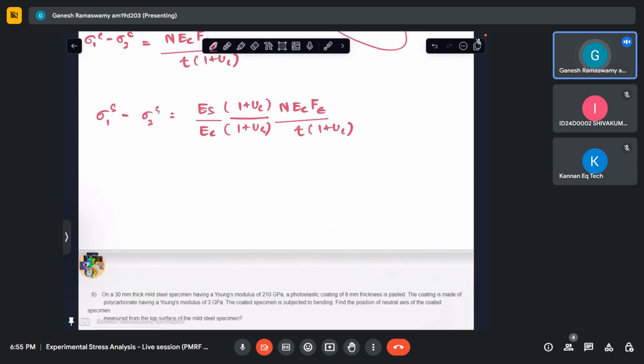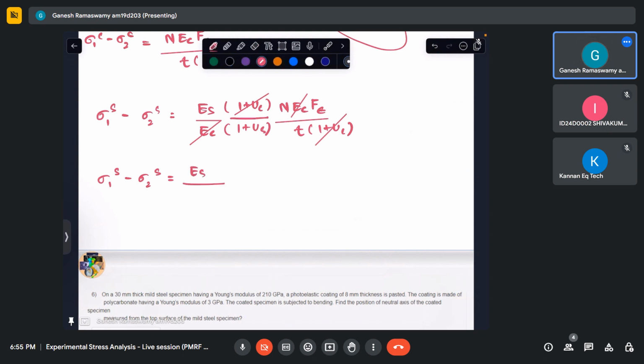So this gives me a much simpler expression actually. This gives me Es upon 1 plus mu s, this quantity, into the fringe order by thickness into f epsilon. Now f epsilon, similar to f sigma, can be represented as lambda by K.